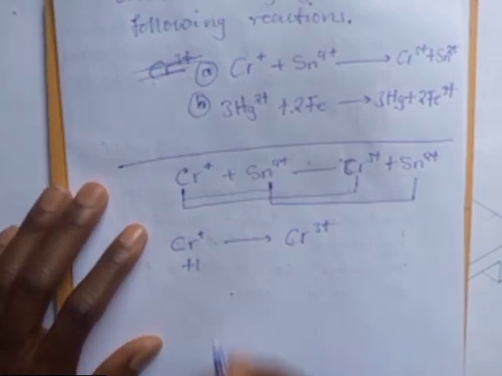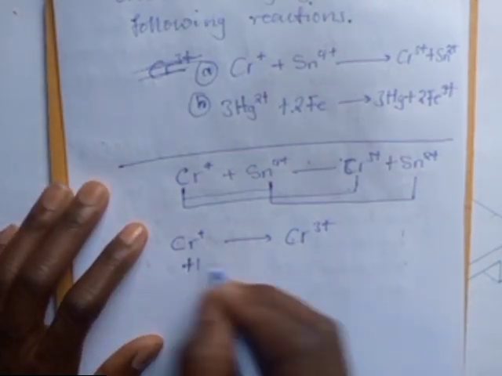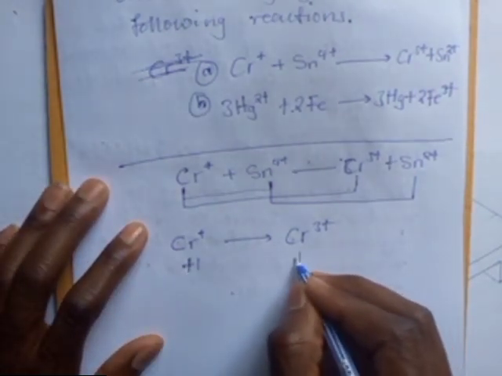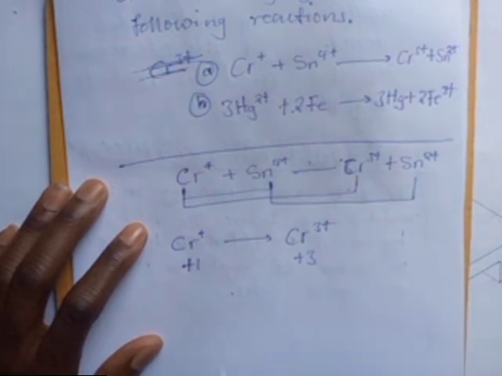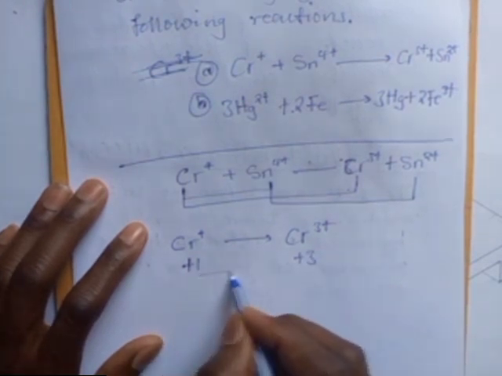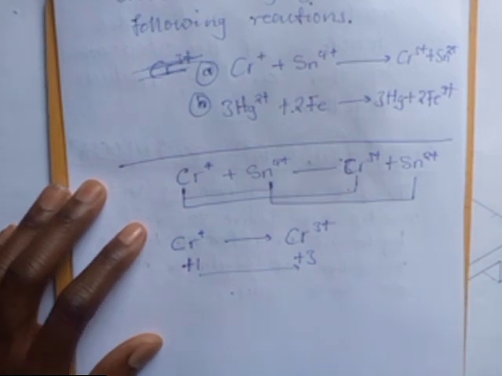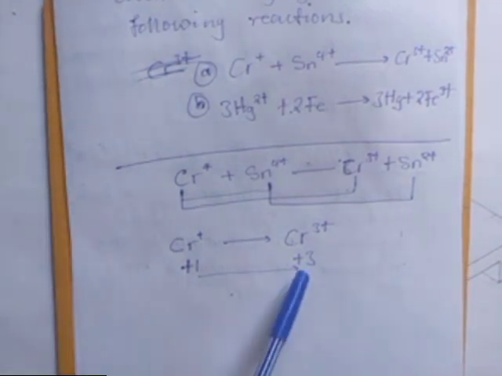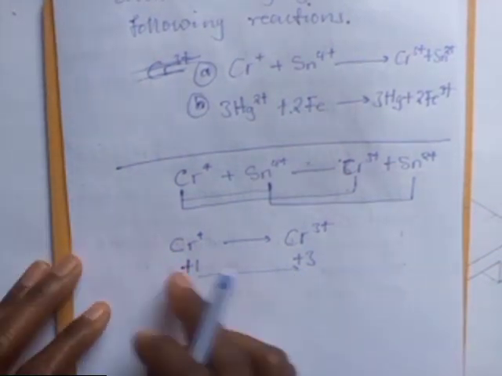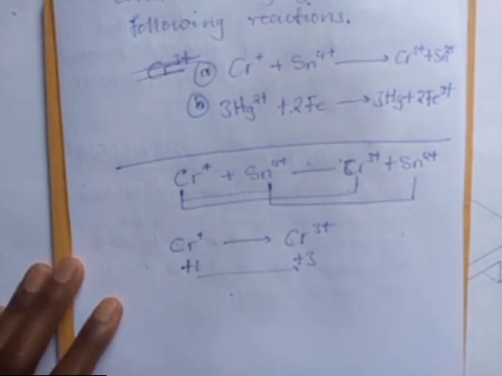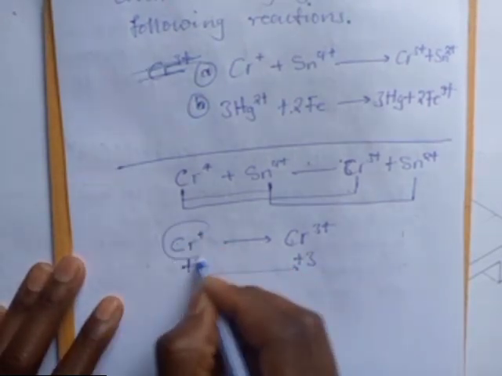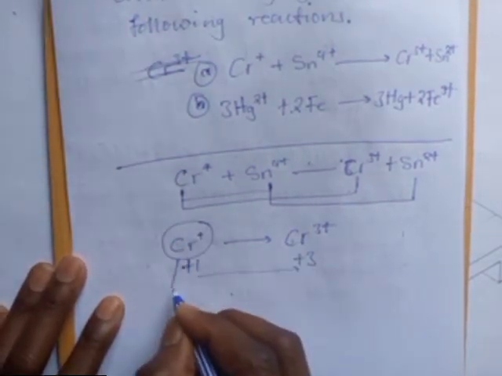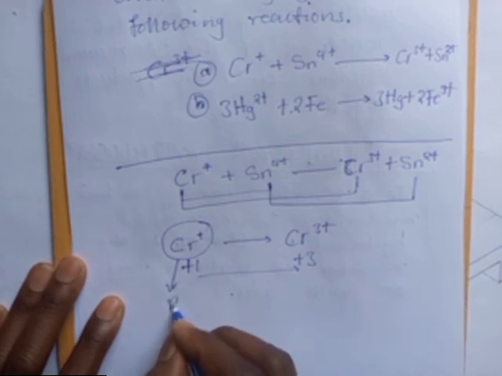Here we have positive 1, and there we have positive 3. So there is an increase in oxidation number from 1 to 3. Meaning that if this is an oxidation reaction, this one has to be a reducing agent.